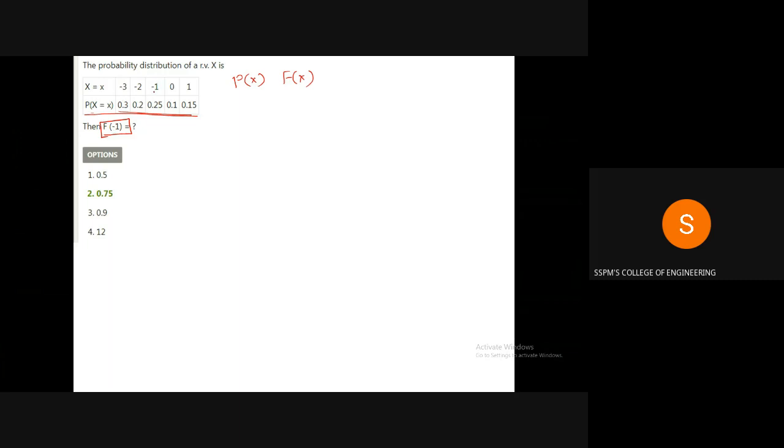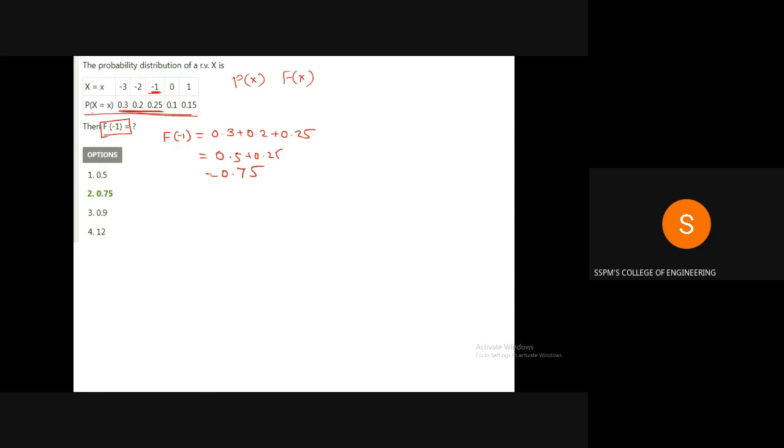When F of minus 1 is asked, we will add all the probabilities up to and including P of minus 1. Minus 1 is here, therefore we will add all these probabilities. So F of minus 1 is equal to 0.3 plus 0.2 plus 0.25, which is 0.5 plus 0.25, that is 0.75.